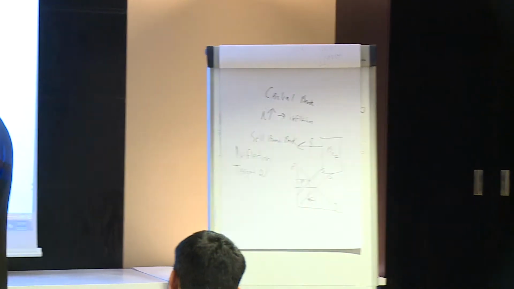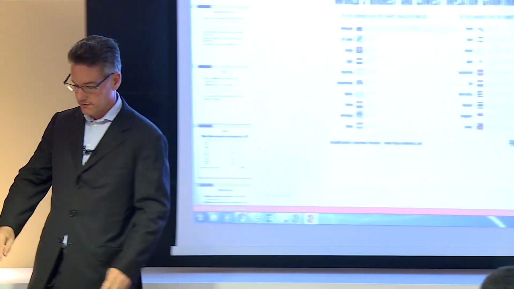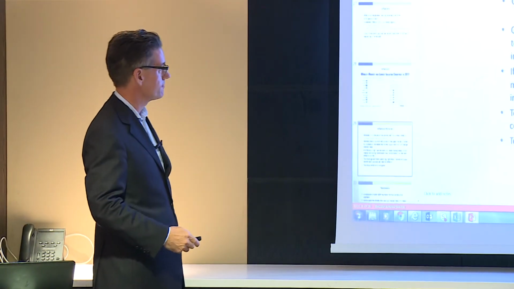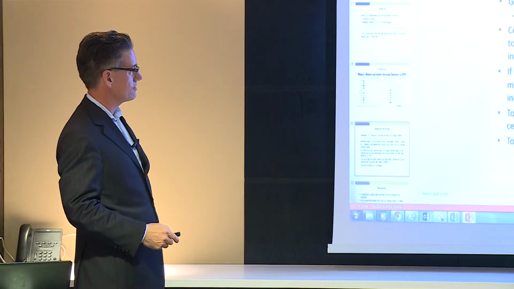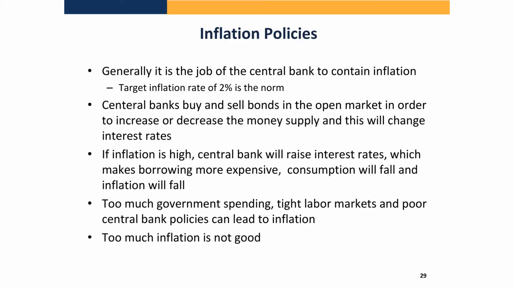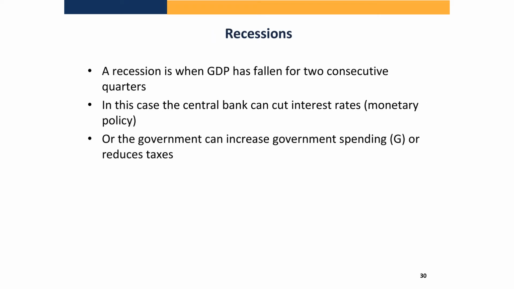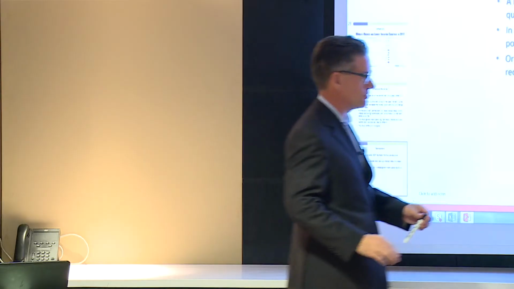Okay. And I think I have some inflation problems for you guys to go over. I think we talked about this again, how to combat inflation with the central bank. Recessions, again, what is a recession, you guys? A recession is going to be 2 consecutive quarters of negative GDP, right? So what's a quarter? What's the first quarter?